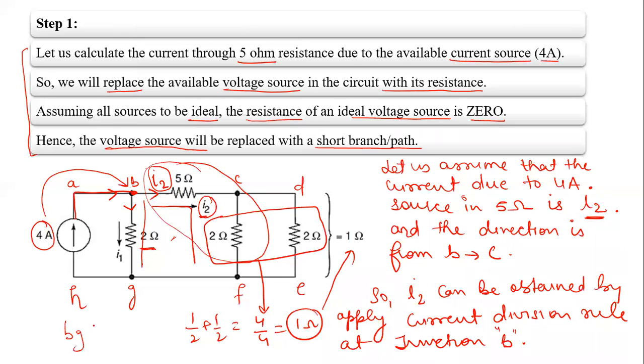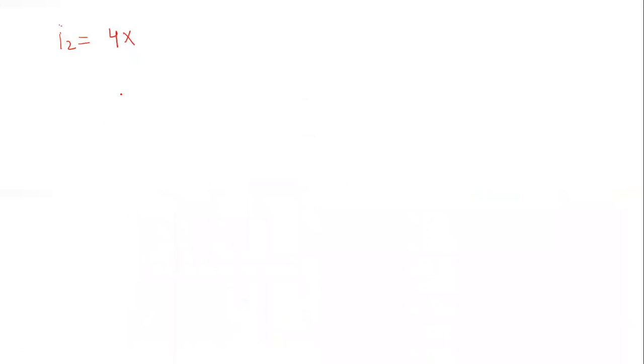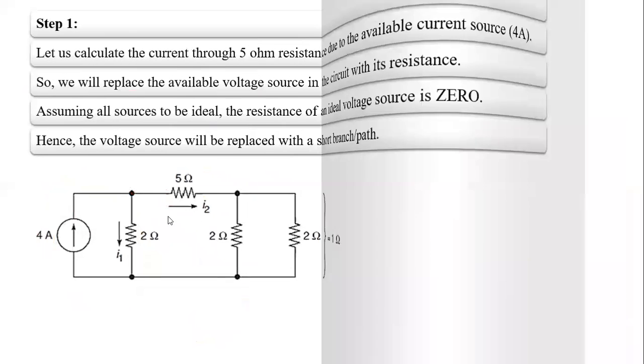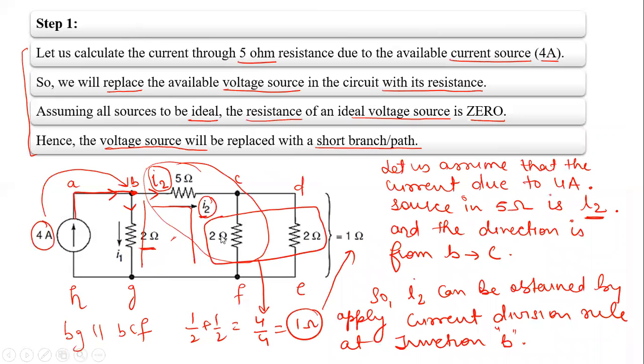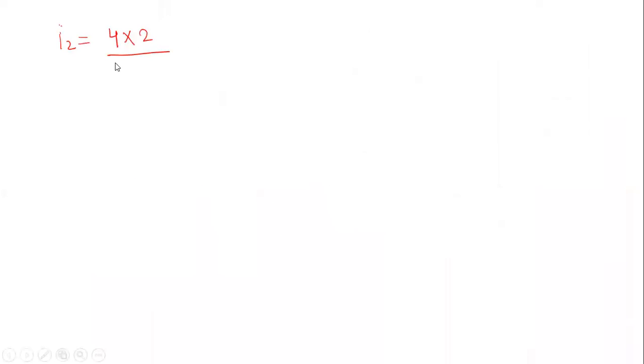BG is parallel to BCF, right? This branch. So the resistance is 2 ohm, and then we divide by the sum of all the resistances present in these two branches. So this is 2 plus 5 plus 1, so it is 8 by 8. So this is 1 ampere.